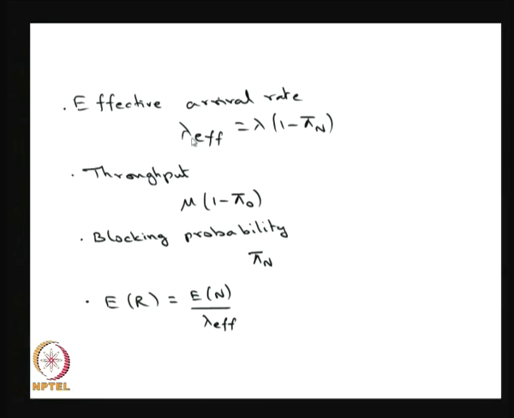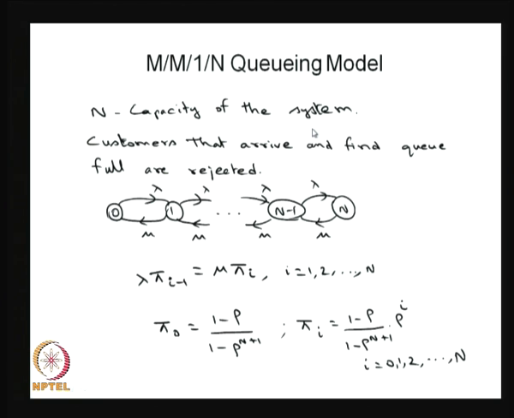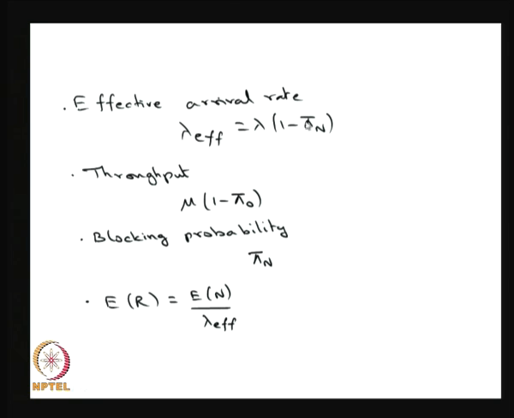Whenever the system is not full, that proportion of the time, or probability, is 1 minus pi N, where pi N is the steady state probability. Just now we got it. From here you can get pi suffix N, that is the probability that the system is full, and 1 minus pi N is the probability that the system is not full, and multiplied by the arrival rate, that is going to be lambda effective.